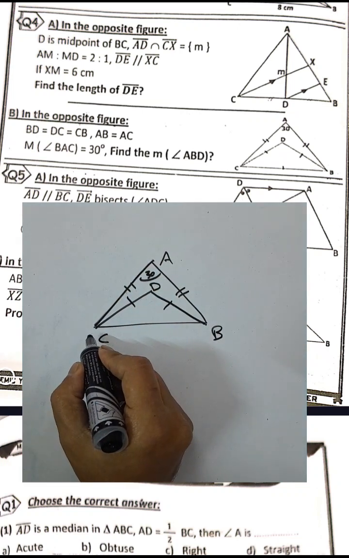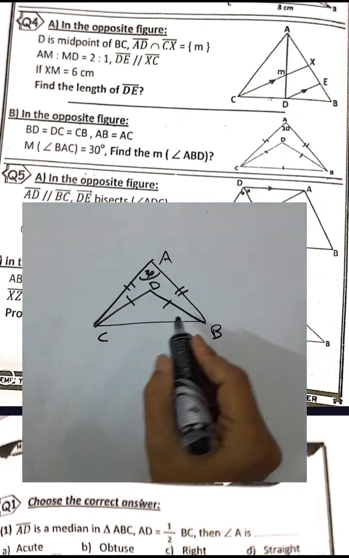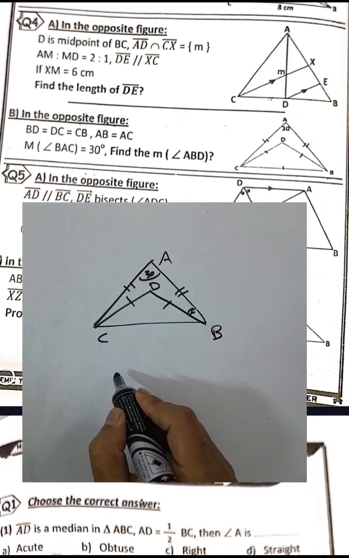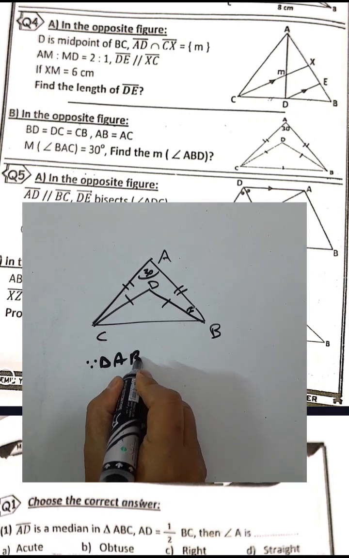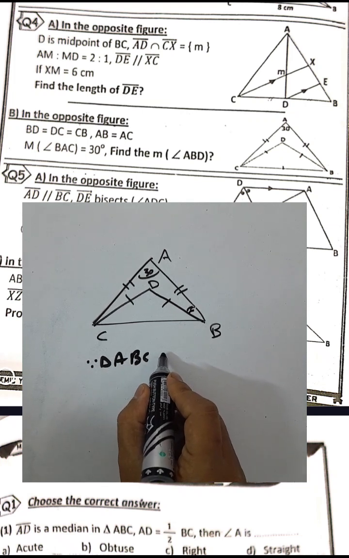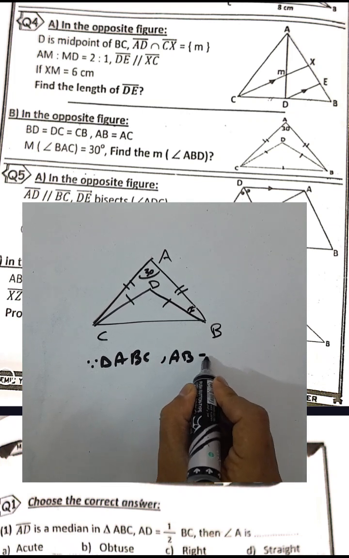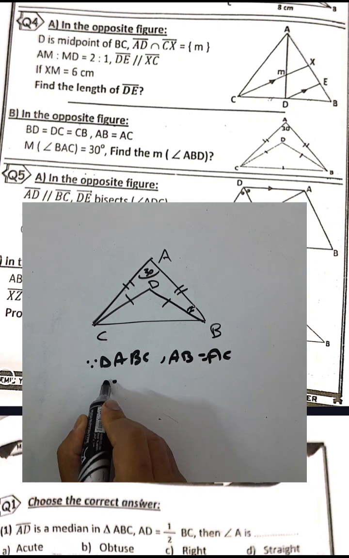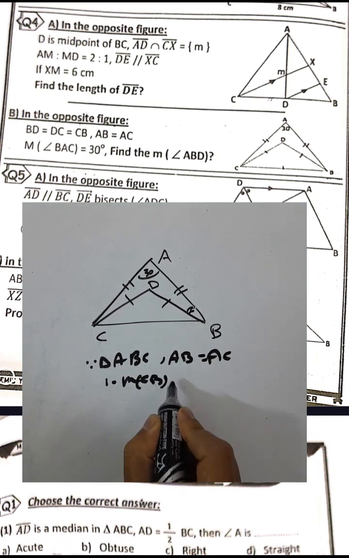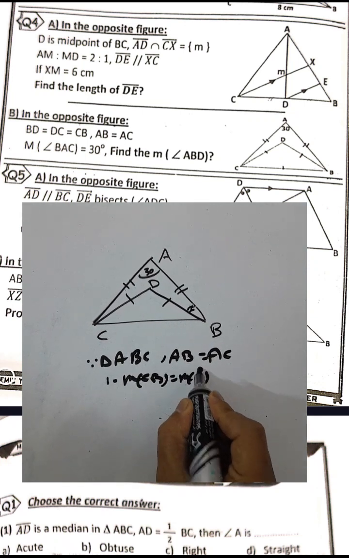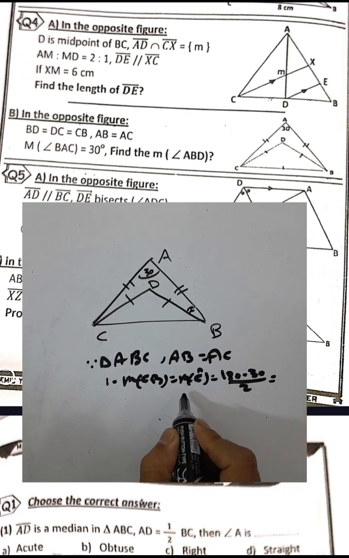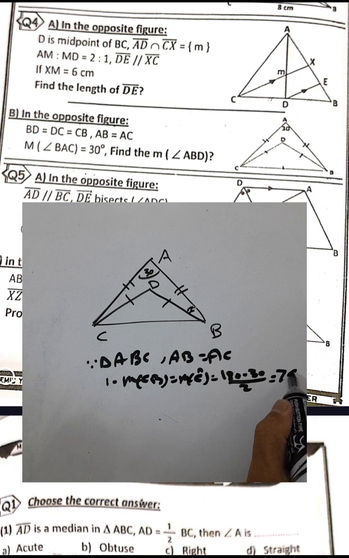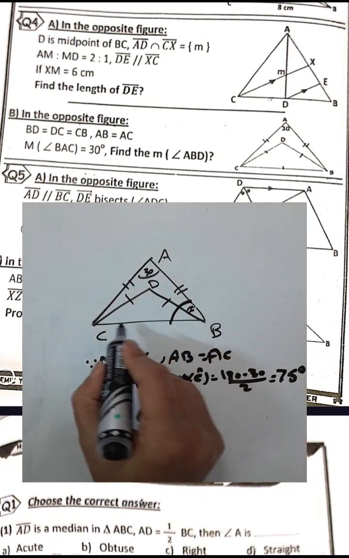He wants to find the measure of ABD, this angle. Okay, we have triangle APC. We have AP equal AC, then measure of angle P equal measure of angle C equal 180 subtract 30, divided by 2. 150 divided by 2 equals 75 degrees. This angle will be 75 degrees.